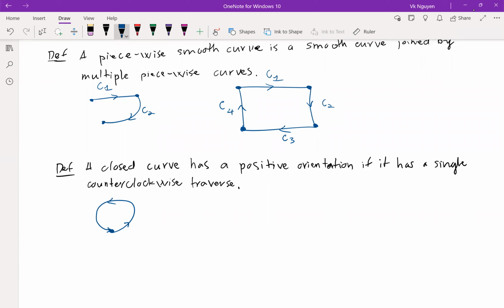Okay. And if you go the other way, this is the negative orientation.